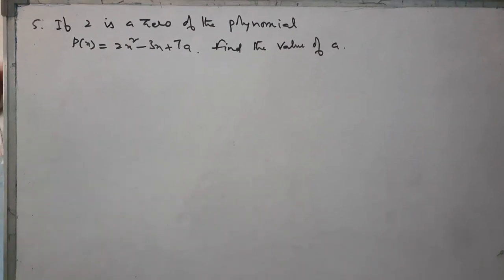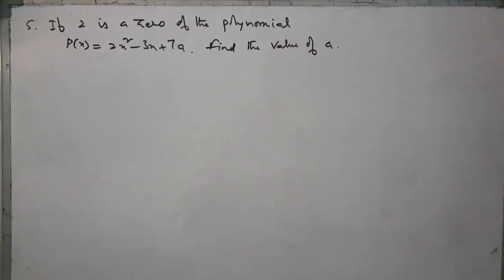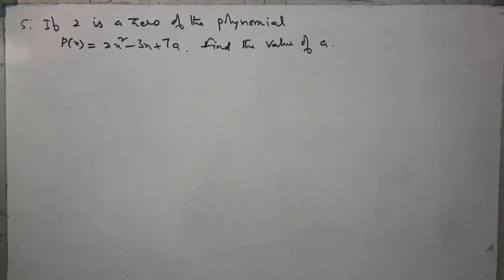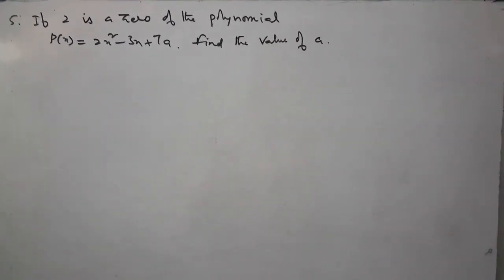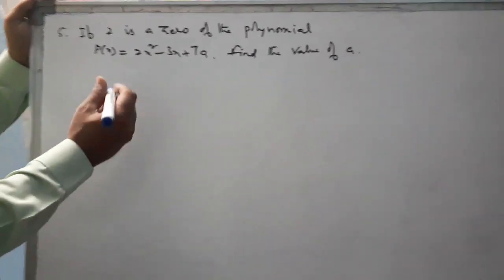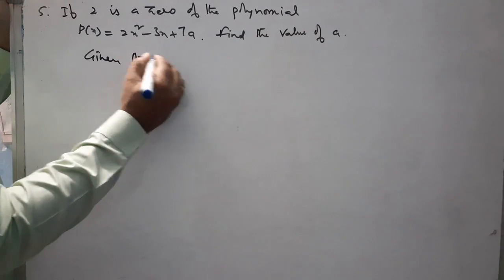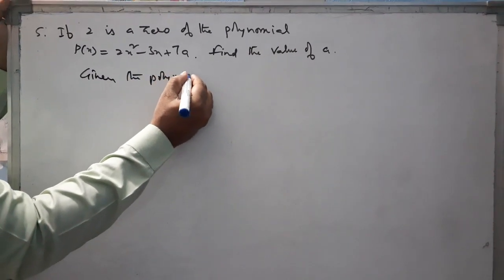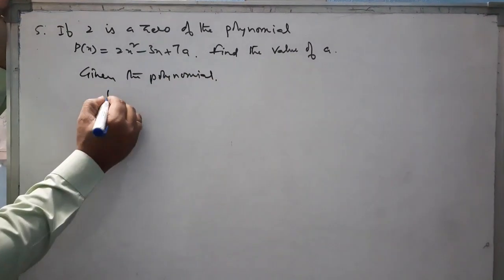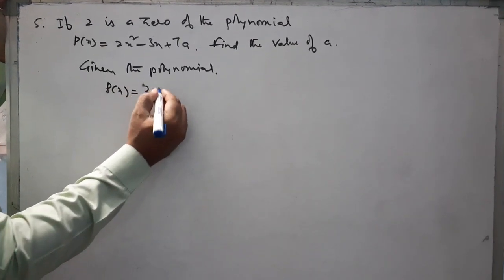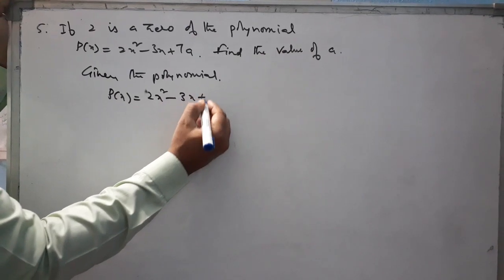So here the fifth one, if 2 is a 0 of the polynomial p of x equal to 2x square minus 3x plus 7a, now we have to find the value of a. So given the polynomial p of x is equal to 2x square minus 3x plus 7a.